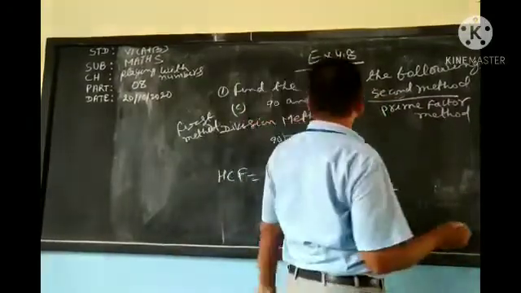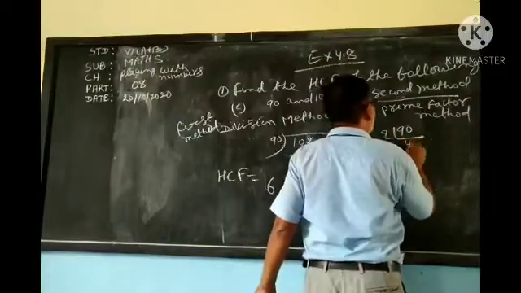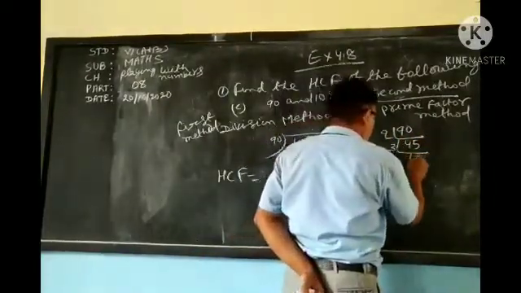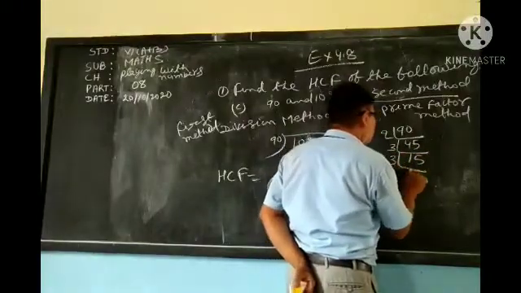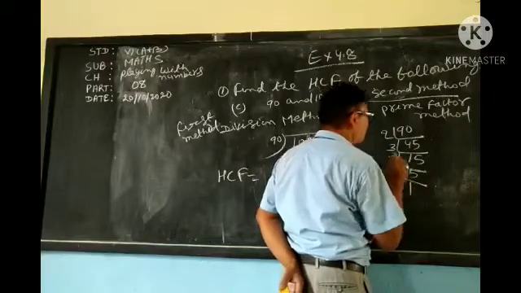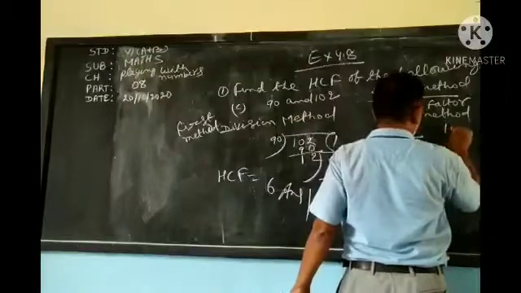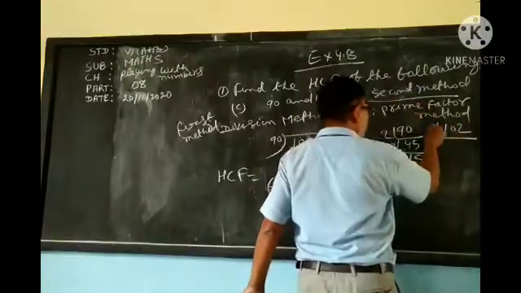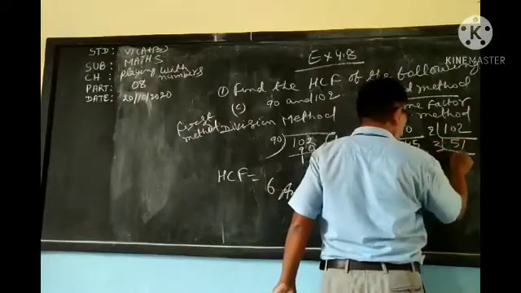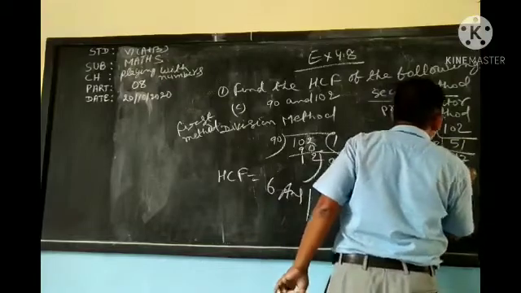You have studied, my dear students, 90. Write it as 2 into 45. Again, what will you write? 3, then 15. Again 3, then 5. Again 5. Then 1. It is finished. Now 102: 2 into 51. 2 does not divide 51, so 3 into 17, and 17 is a prime number, so 17.